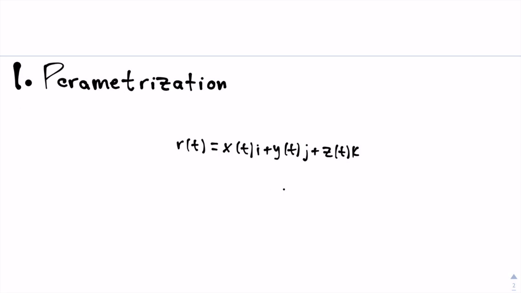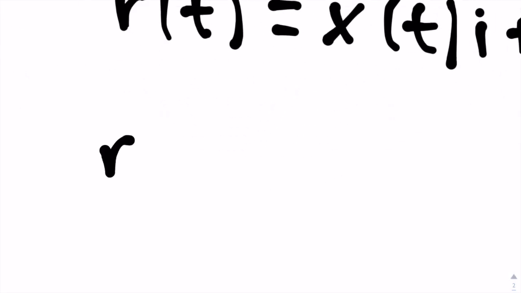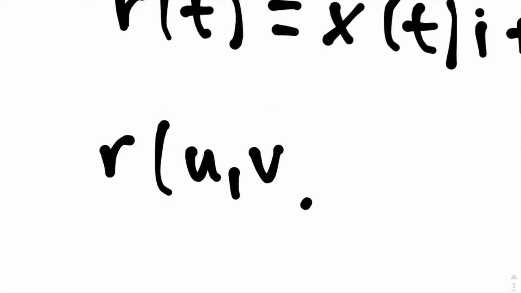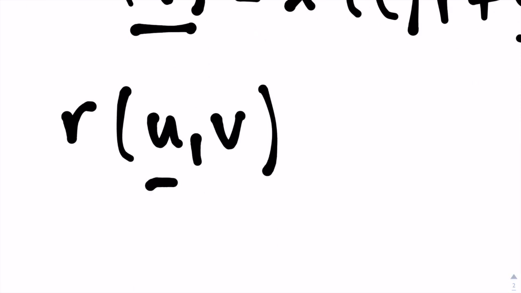We're going to define these 2 parameters as u and v, and we can say that the vector function can be defined as r of u and v. Rather than just one parameter, our new r of u and v for parametrizing a surface has 2 parameters, u and v.